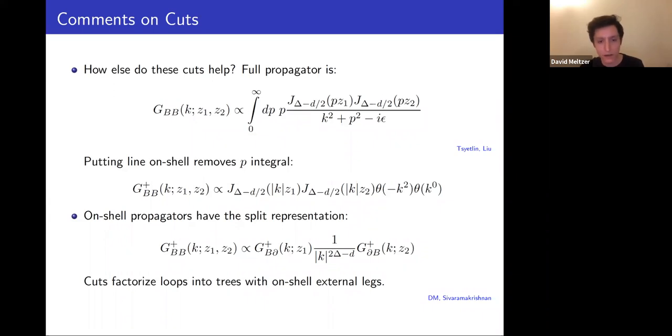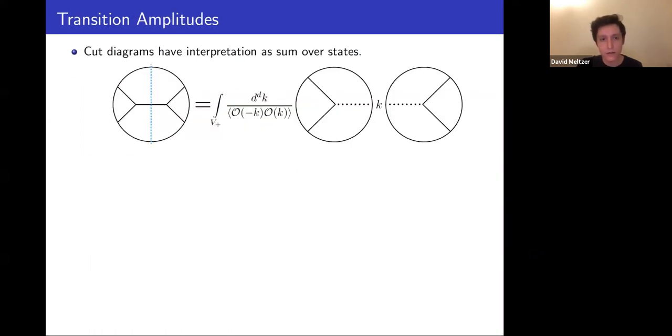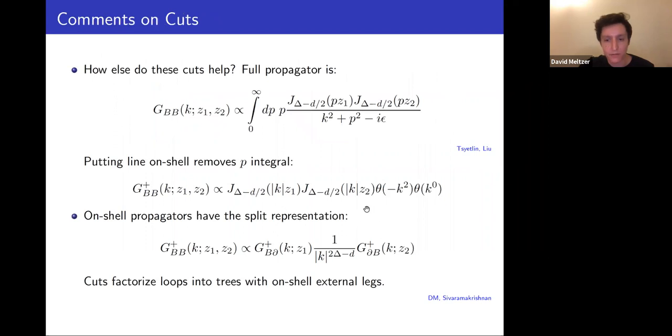This is telling us that cuts will factorize our loop diagrams into trees with on-shell external legs. As an example, we can look at a tree-level exchange. This also tells us how to interpret this diagram as summing over exchange states. If I cut my tree diagram on the right-hand side, I get these two 3-point Witten diagrams, where I'm getting these two bulk-to-boundary propagators just from the split representation.